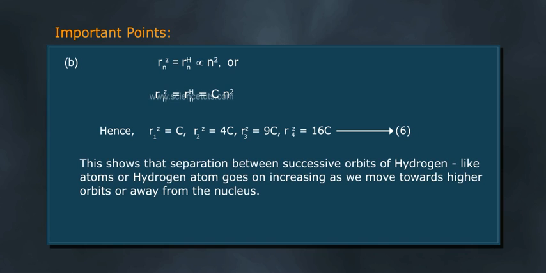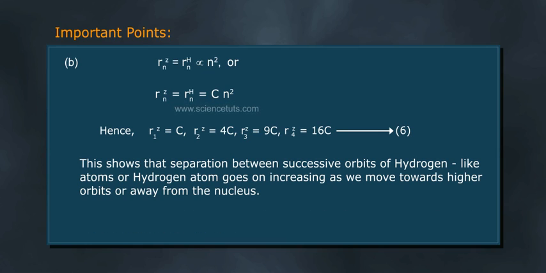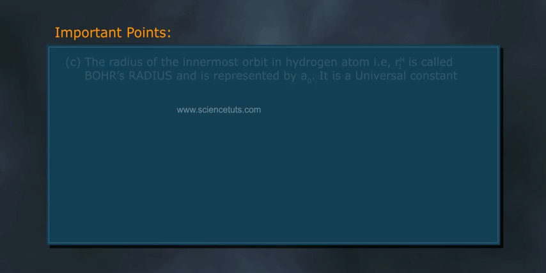This shows that the separation between successive orbits of hydrogen-like atoms or hydrogen atom goes on increasing as we move towards higher orbits, or away from the nucleus. The orbit closest to the nucleus is called the n equals 1 orbit, while the farthest from the nucleus is the n equals infinity orbit.